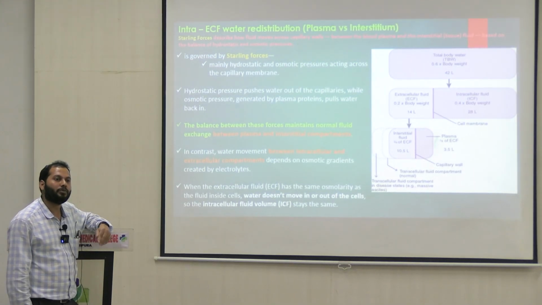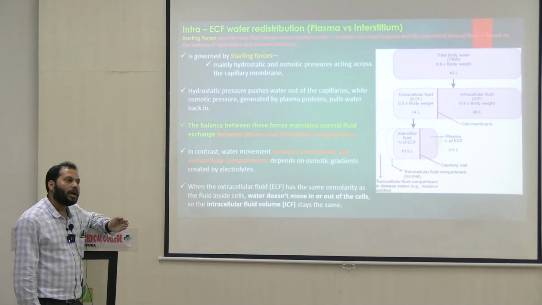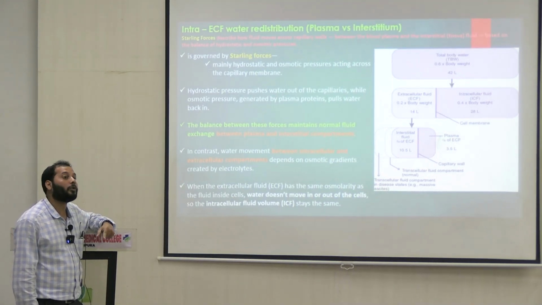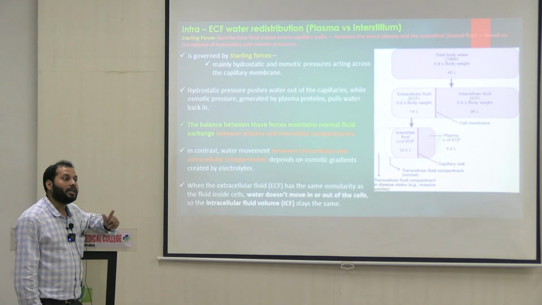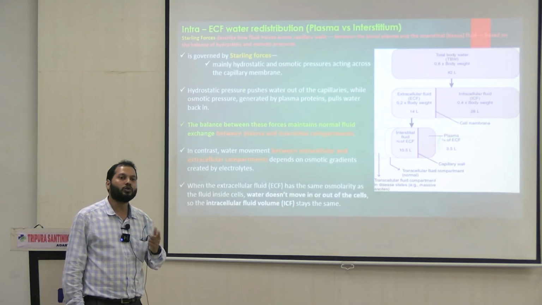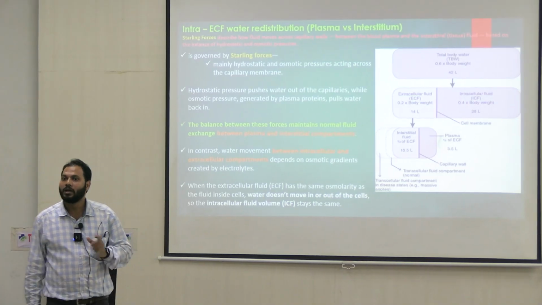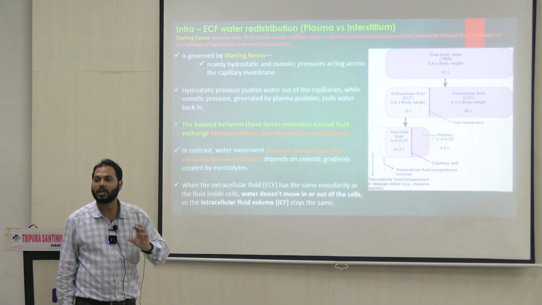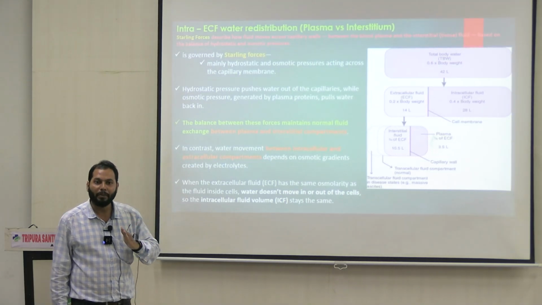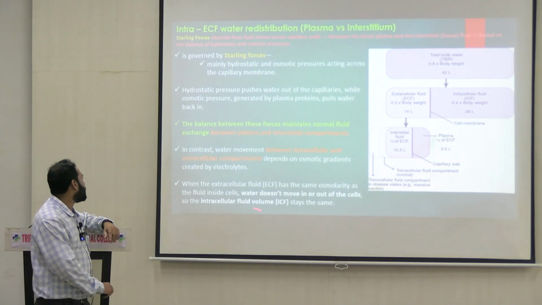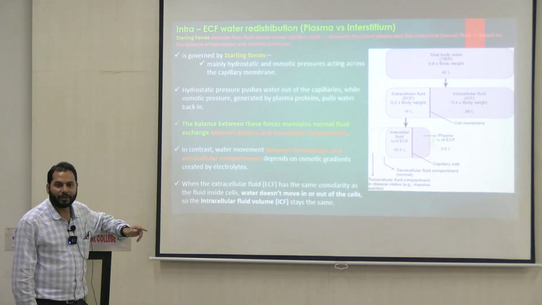If the osmolarity outside the cell as well as inside the cell is the same, it means the concentration of a particular solute inside the cell and the concentration of the same solute outside the cell is the same. So in that particular state, there will be no movement of water through the cell membrane. By this mechanism, intracellular fluid volumes are maintained, right?